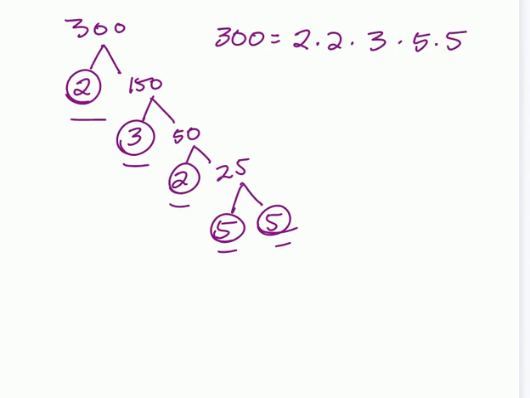Okay, the last one I'm going to show you is 289. Now, if you start this, you say, well, is it divisible by 2? No. Is it divisible by 3? Well, if we add up the digits, we get 19, and that's not divisible by 3, so it's not divisible by 3. If it's not divisible by 4, it's not going to be divisible by any even number. So we've tried 2, 3, 4. What about 5?